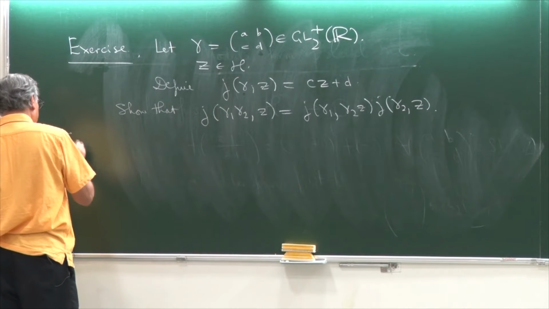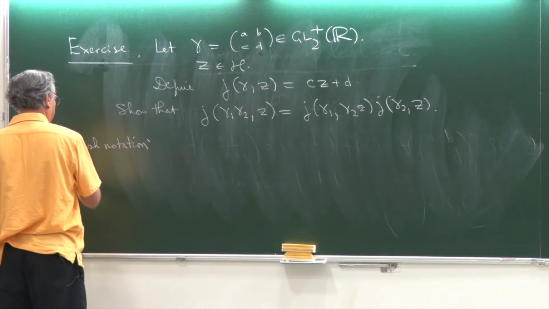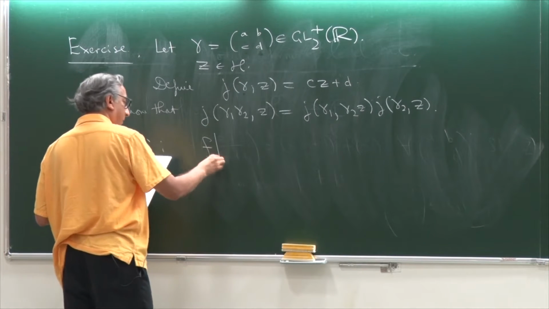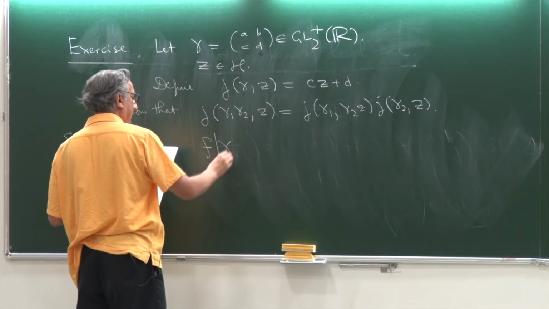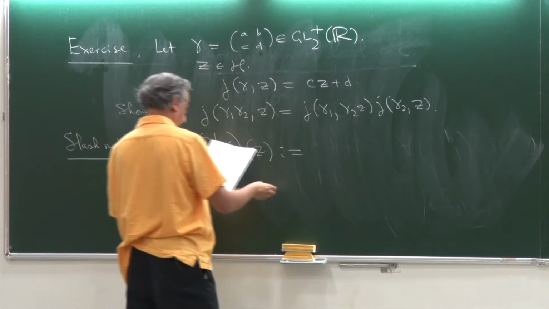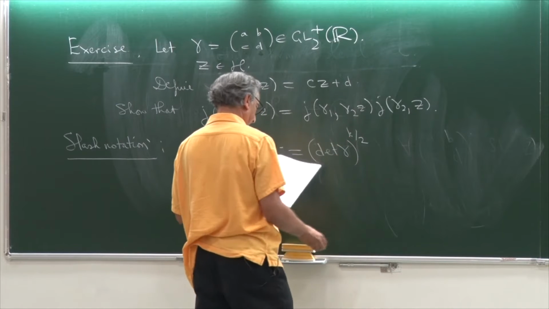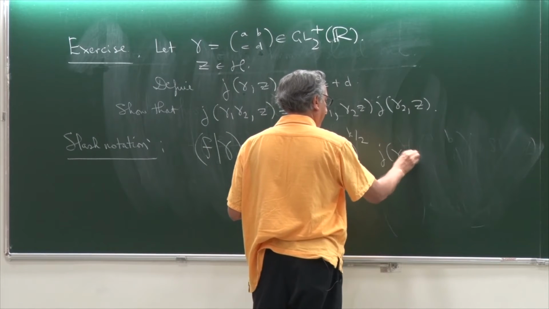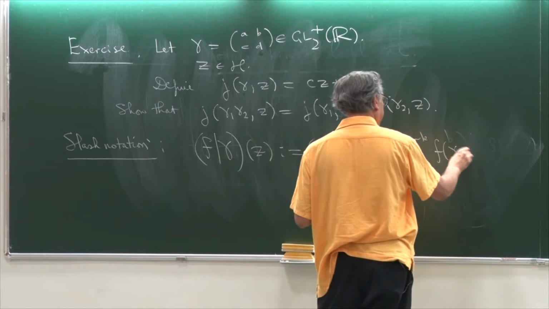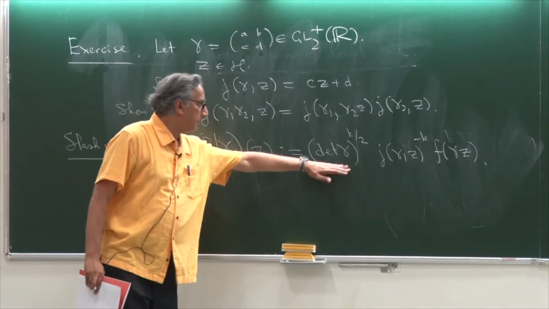And then we'll introduce this so-called slash notation. We will take a modular form, or any function f, and f slash gamma of z is defined to be the determinant of gamma to the power k over 2, times J of gamma, z to the minus k, times f of gamma z. So if gamma is in SL2Z, of course, this is 1.